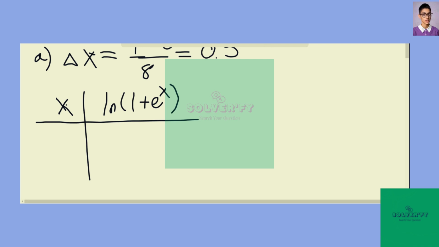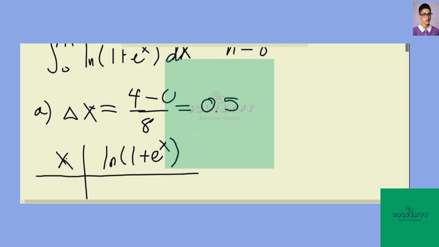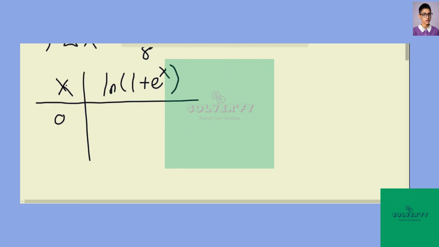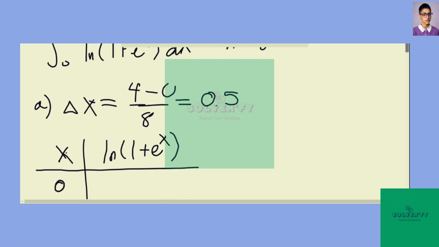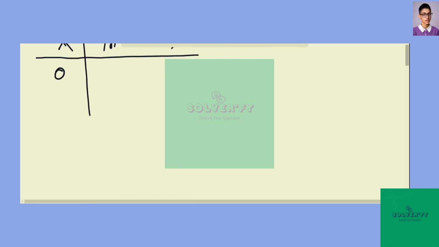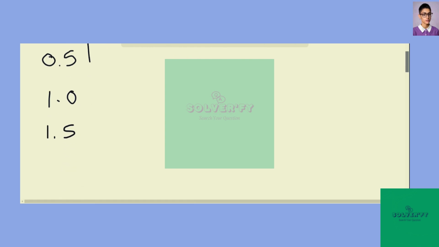Let's start off with our left endpoint 0, and we'll increase by delta x, or 0.5, until we reach 4. So we have 0, 0.5, 1.0, 1.5, and so on.